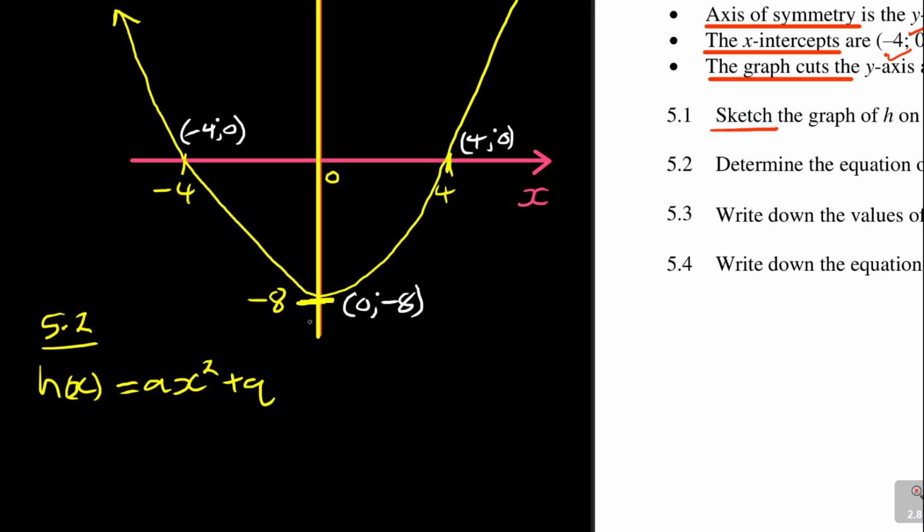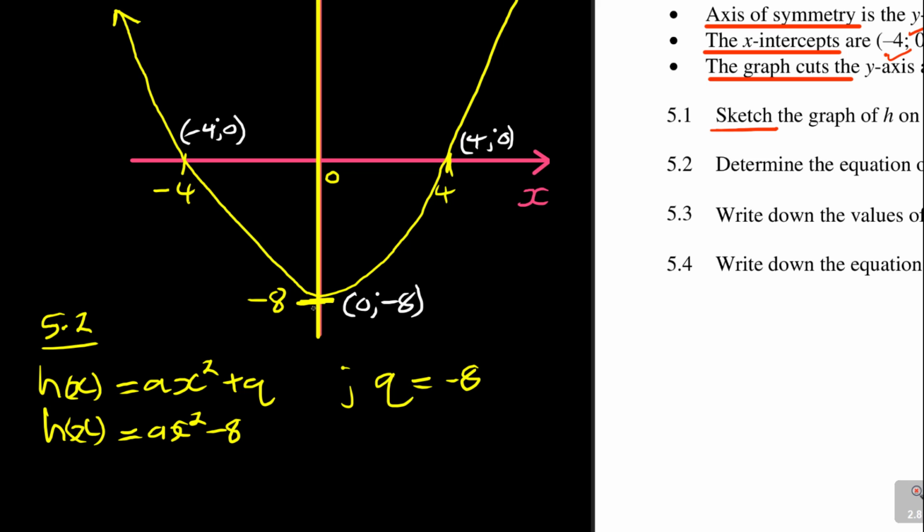Now what you need to know, this negative 8 is q. That's where it cuts the y-axis. So here we can simply say q is minus 8. So we can continue and say h of x is equal to ax squared minus 8.